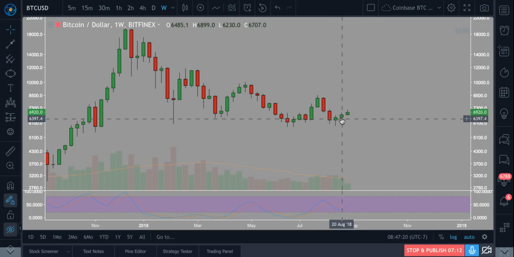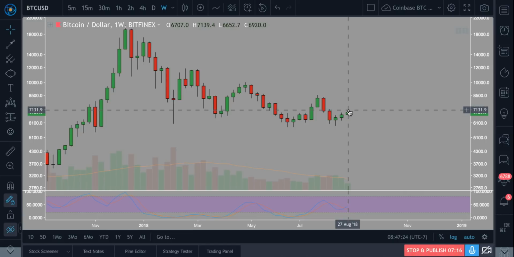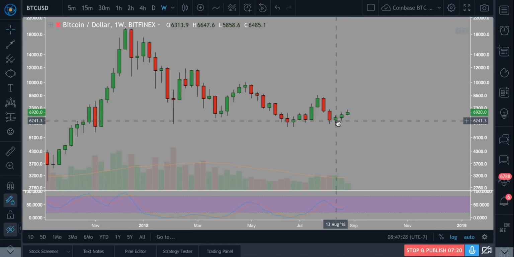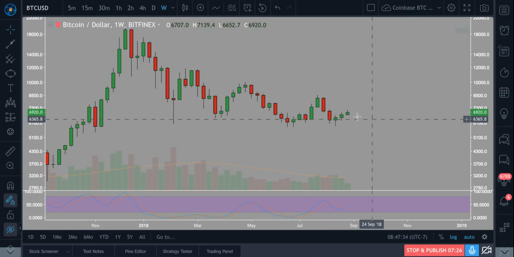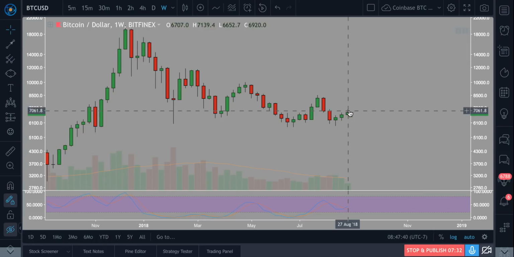Typically, three white soldiers are big, full-bodied candles, little to no wicks at the top, and they keep climbing higher and higher. These look like somewhat of a hammer, an indecision, and maybe a shooting star. But again, not three white soldiers. Sorry to burst your bubble, but that's really not the case.